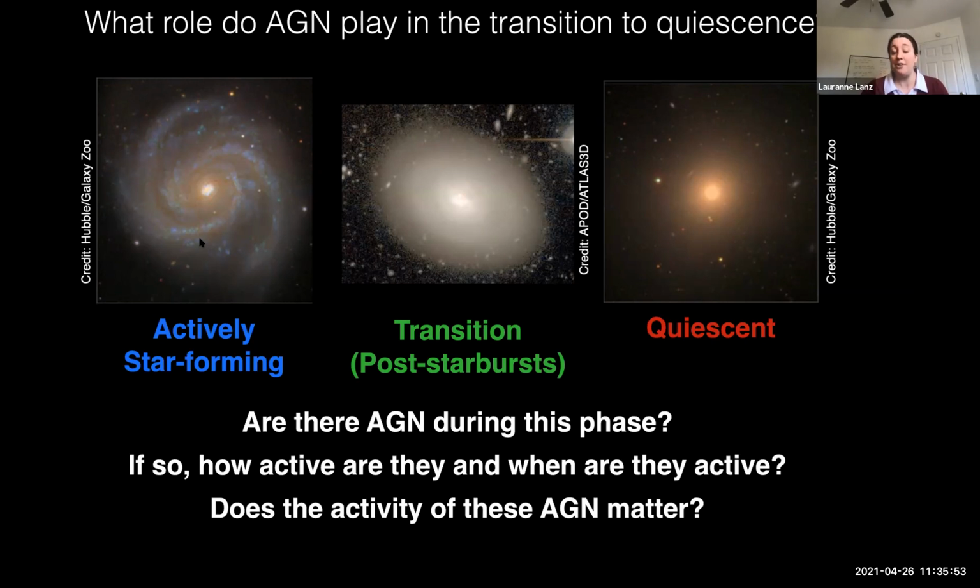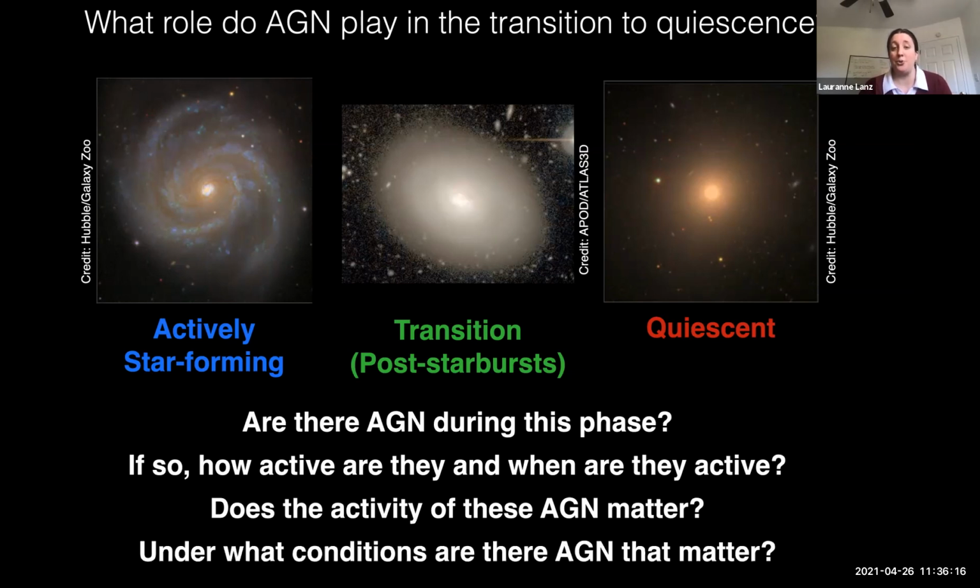Whatever is driving the transition, whether it's a merger or some less violent process, is that just funneling some gas to the center and turning the AGN on, but its activity doesn't intrinsically help drive the transition? The answer to this third question will almost certainly be, it depends. So from there, you would go then to, under what conditions are there AGN whose activity matters?